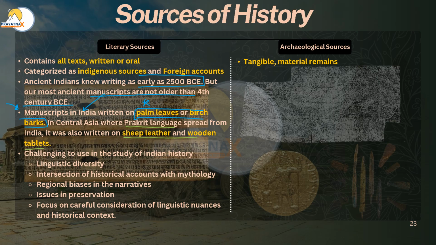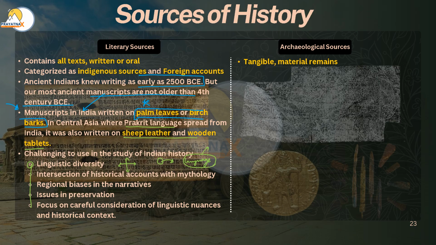Now, as I was already saying, there are many challenges of using literary sources. It is basically due to its linguistic diversity. It may happen that across the length and breadth of India, the same event may be interpreted differently due to the language barrier. The person interpreting the source itself may have a different interpretation.